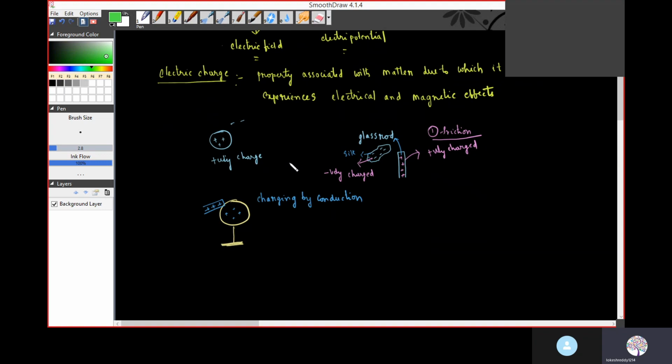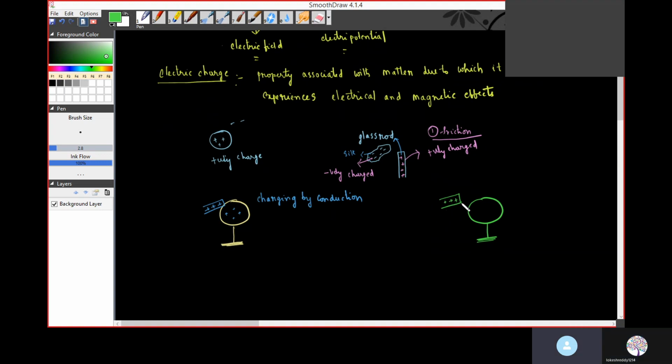Now you take this metal sphere, place it on an insulating stand, and take a charged, positive glass rod.